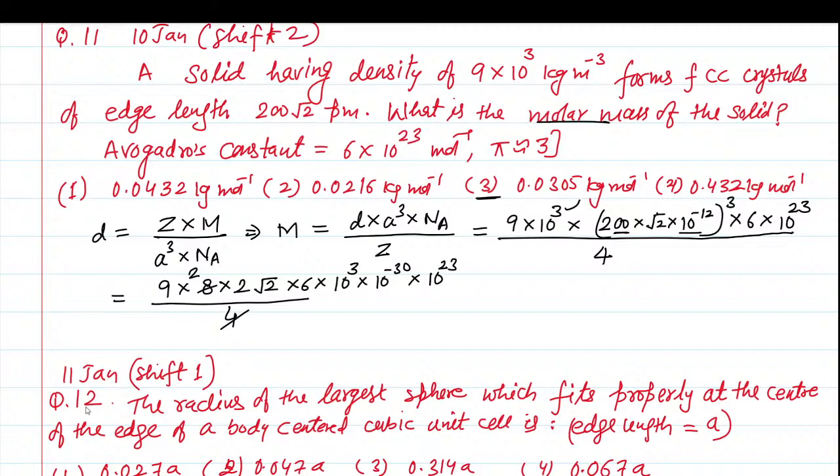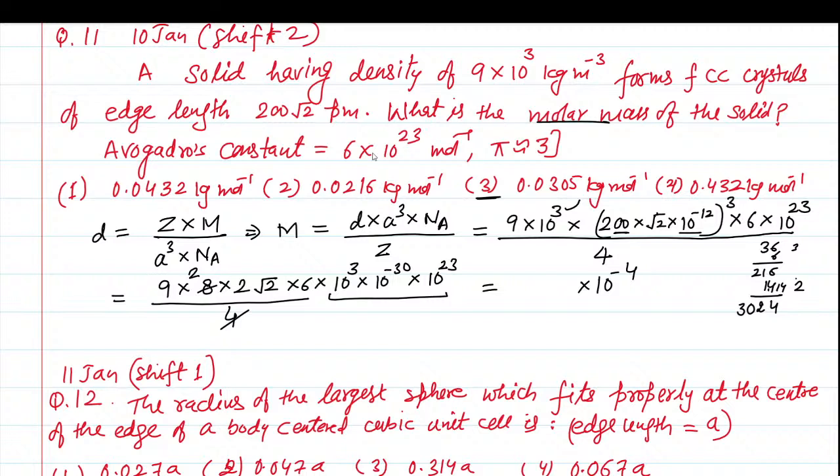Total, this is 216 into under root 2. So root 2 means 1.4. So 216 into 1.4 into 2 is 302.4.